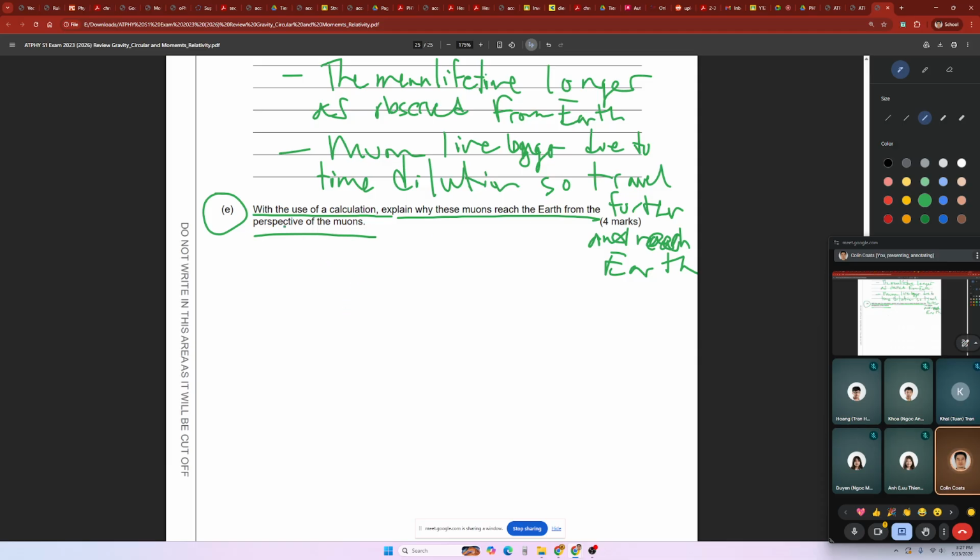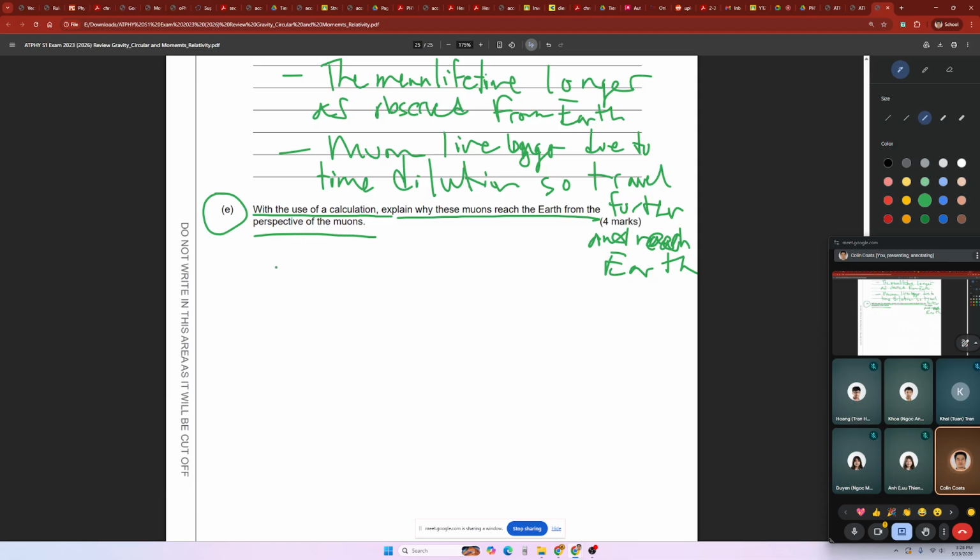What about the length contraction, right? So according to them, if they're moving near the speed of light, then the distance from where they start to the Earth will experience a length contraction.